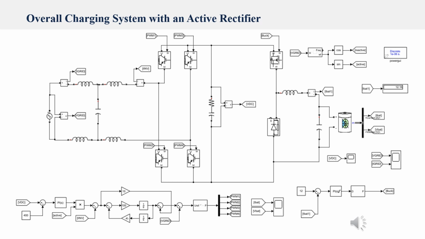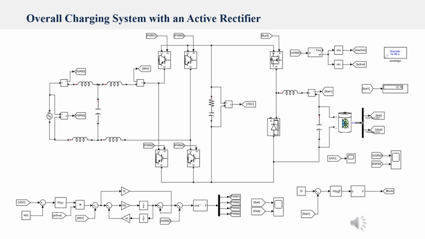The active rectifier mainly comprises of IGBTs, 4 IGBTs, because here we are doing single phase. So 4 IGBTs which turn on and off in two pairs. So in this example, the IGBTs with PWM1 and then PWM4 turn on in one cycle, as PWM2 and then PWM3 stay off.